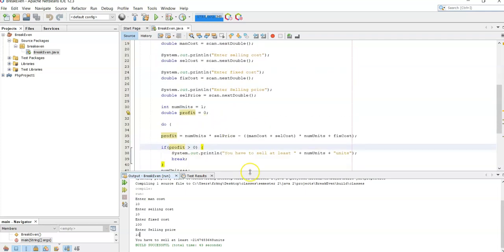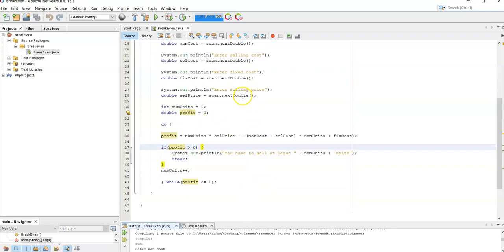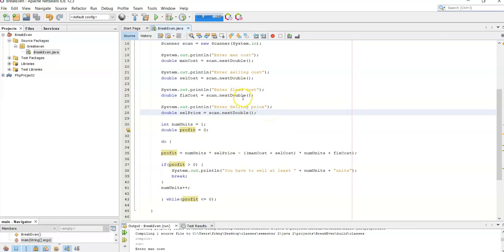So for this issue, after we ask the selling price, we need to do something here. The user cannot enter a value less than variable cost, right? If the user enters a value less than variable cost, we should say, hey man, what are you doing? You should close your business.